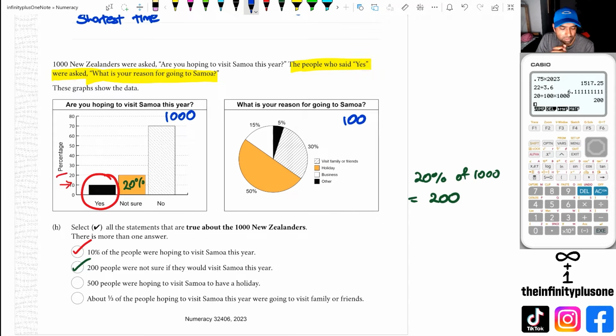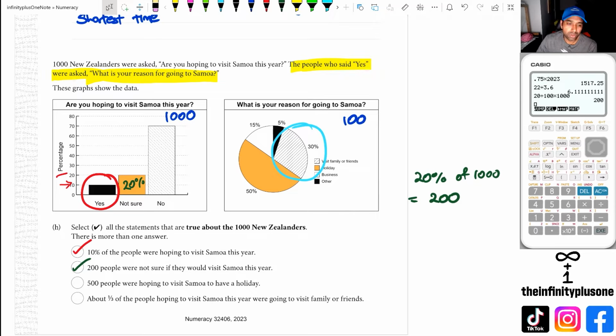That's not true. Now looking at the fourth bullet point, about a third of the people hoping to visit Samoa this year were going to visit family or friends. So we're looking at this part here, and it's kind of correct, because about a third is not exactly a third.